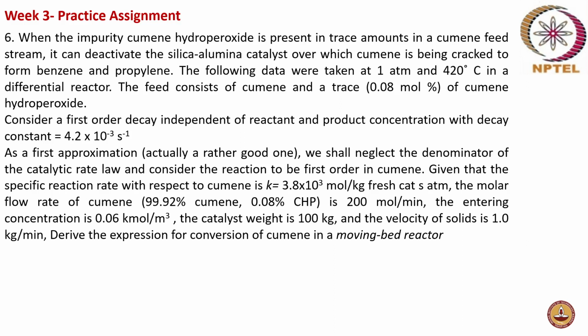From the data taken in a differential reactor, they have identified the decay to be a first order decay independent of the reactant and product concentration, with the decay constant Kd equal to 4.2 into 10 power minus 3 second inverse. As a first approximation, we shall neglect the denominator of the catalytic rate law, and consider the reaction to be first order in cumene.